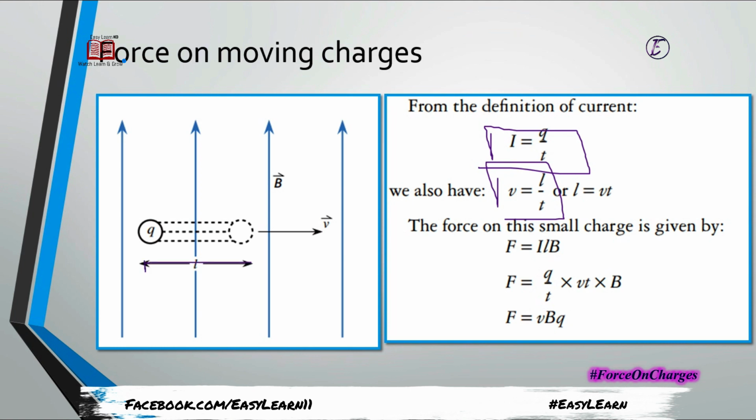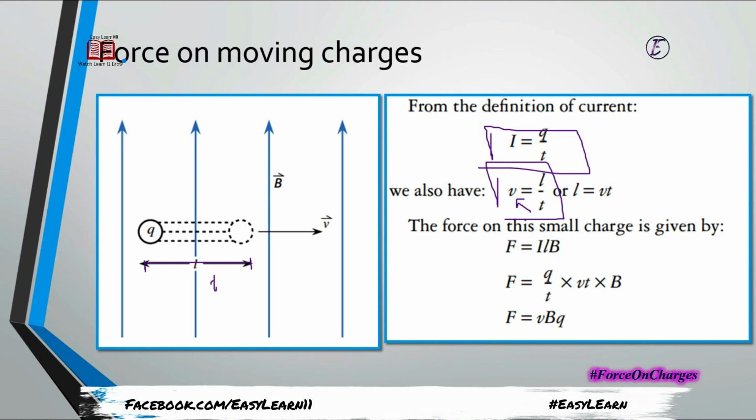Taking the time as t, the distance is L, so v equals L over t. By rearranging, L equals vt. The force on this small charge is given by F equals ILB.